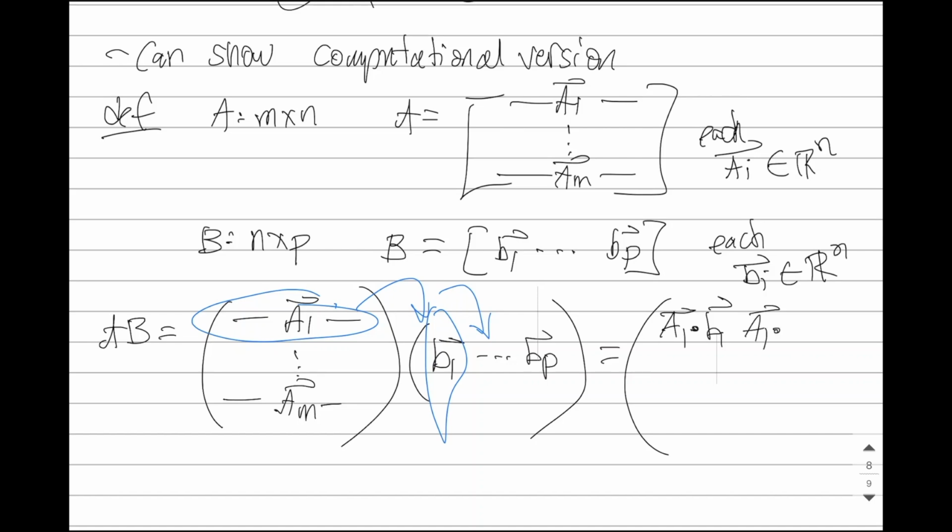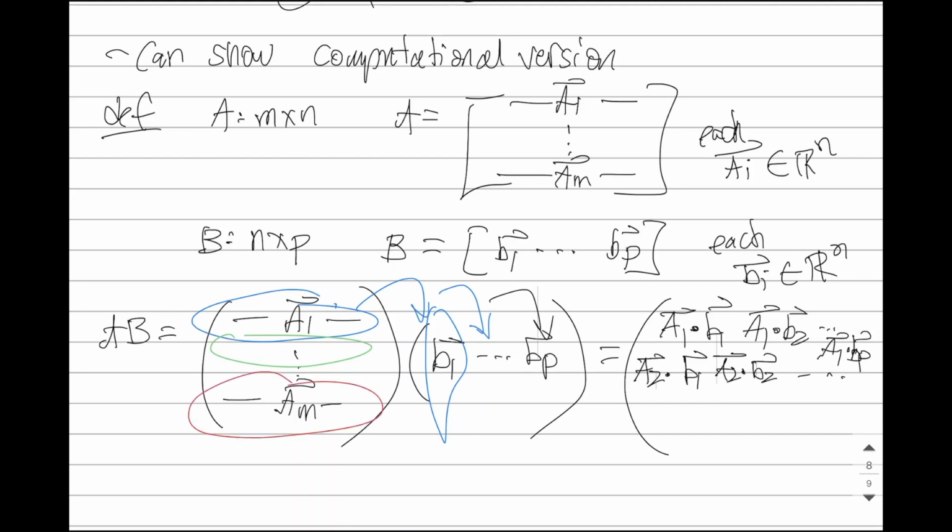A1 dotted with B2, and that's going to go all the way down to A1 dotted with the last one. Then you're going to move to the next row and do the same game there. A2 dotted with B1, A2 dotted with B2, all the way down, and that's just going to continue to the very last one. Am dotted with B1, Am dotted with Bp. And you're going to get a matrix that's m by p.